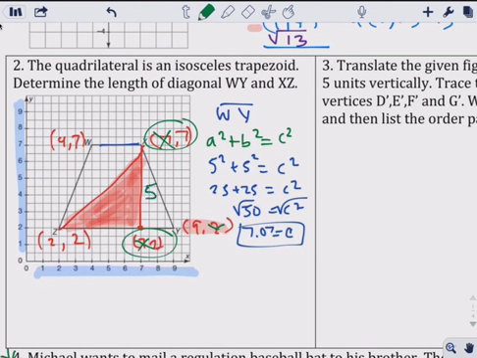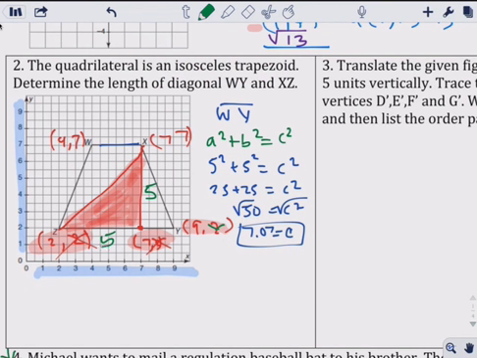Then look at these 2 right here, and notice that the y's are the same, 2, so 7 minus 2, which is also 5.